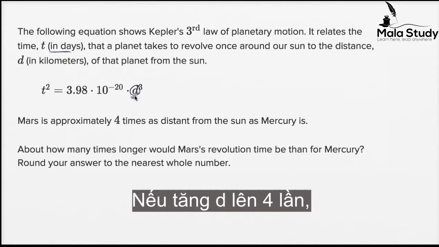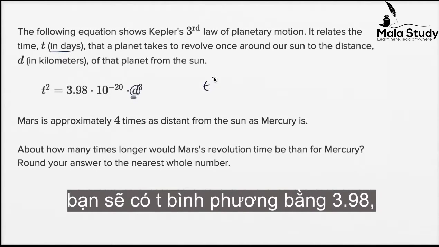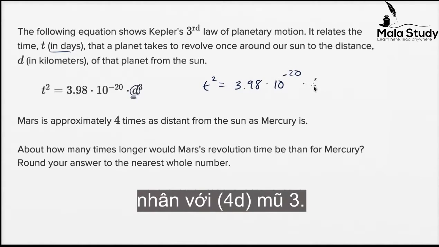Well, if you increase d by a factor of 4, notice you take d to the third power. So if you replace d with 4d, you're going to get t squared is equal to 3.98 times 10 to the negative 20 times 4d to the third power.